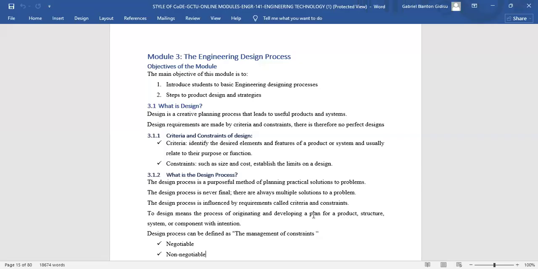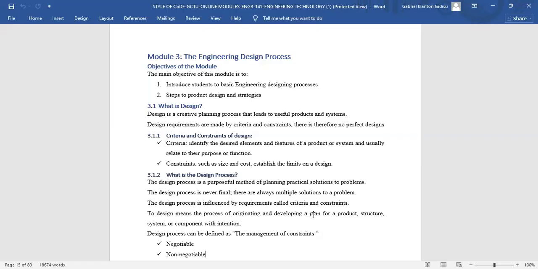There are a lot of things you have to consider. Among your considerations will be the design process, the process you go through with the design.